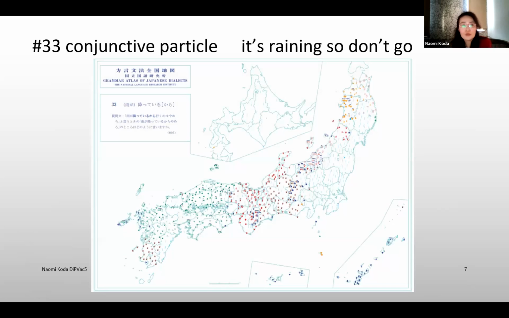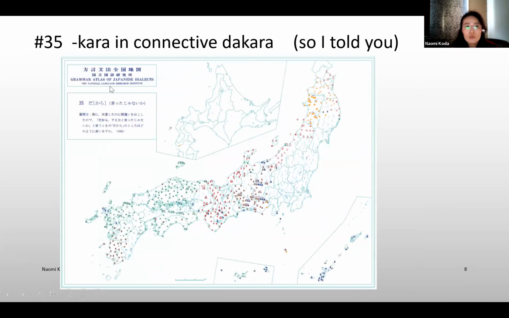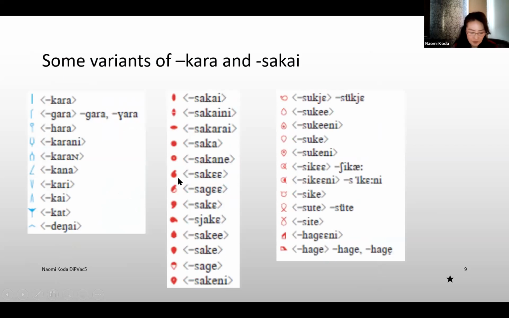This is map number 33, conjunctive particle. It's raining, so don't go. 雨が降っているから。And this is map number 35, から in connective だから. So I told you. This is some variants of から and 境.